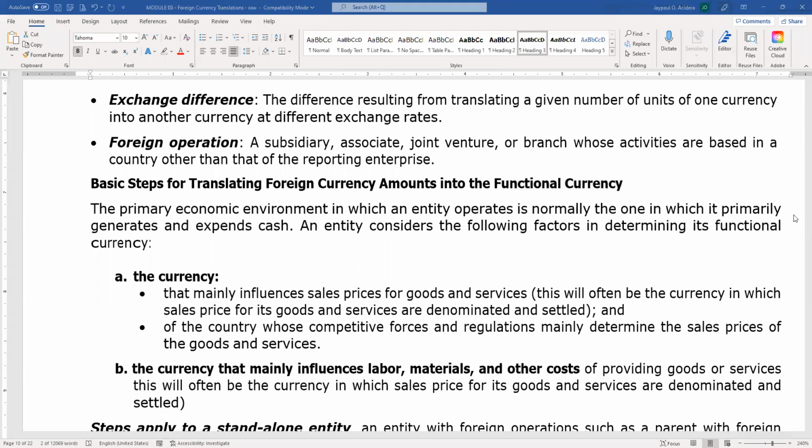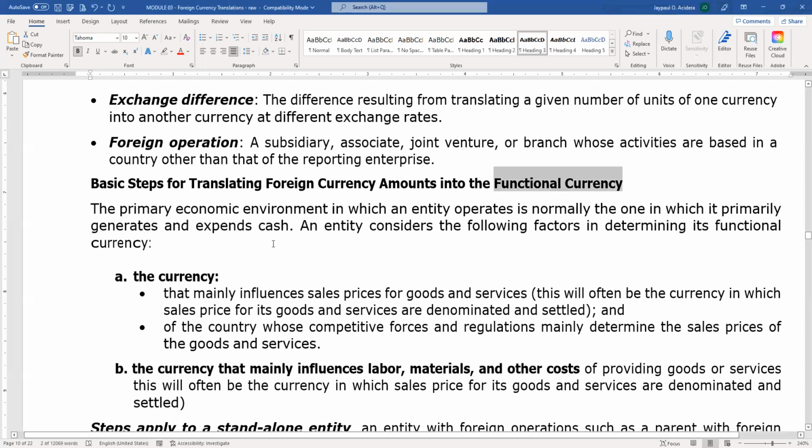So ganun lang siya kadali. Yung mga problems ninyo that is not dealing with foreign currency, the functional currency is also the presentation currency. We present our financial statements in Philippine peso, and that is also our functional currency.